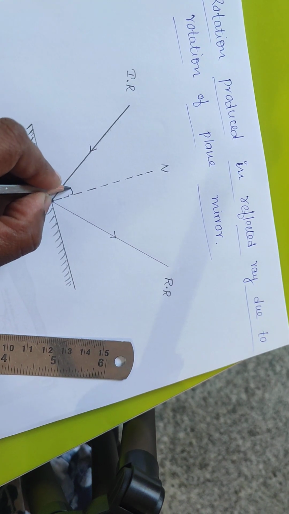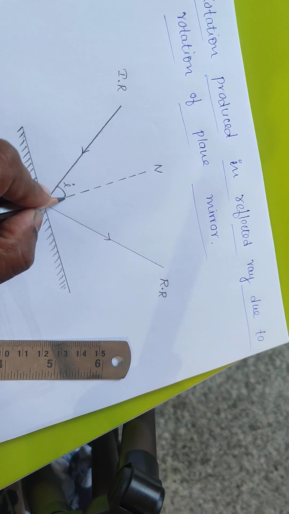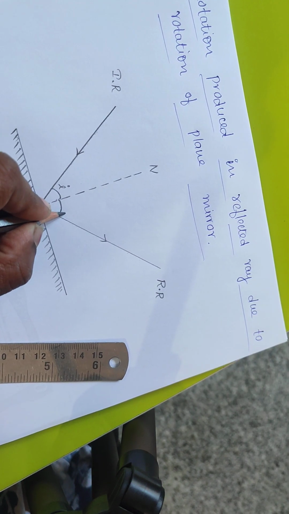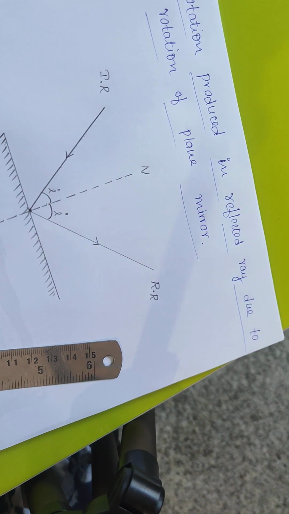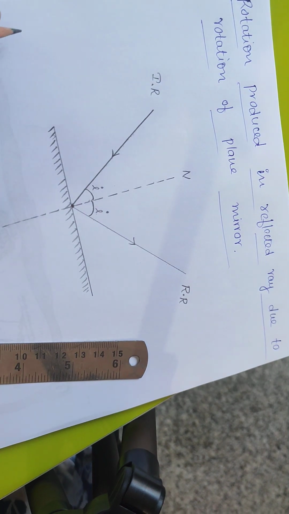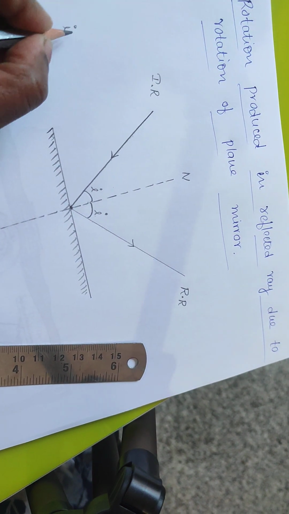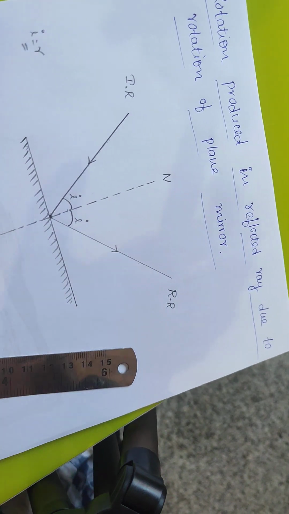So this angle is the angle of incidence I. This angle is the angle of reflection. I am writing it as I. Why? Because the first law of reflection says that the angle of incidence is always equal to the angle of reflection.